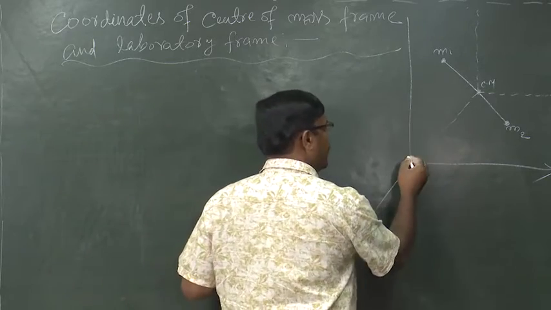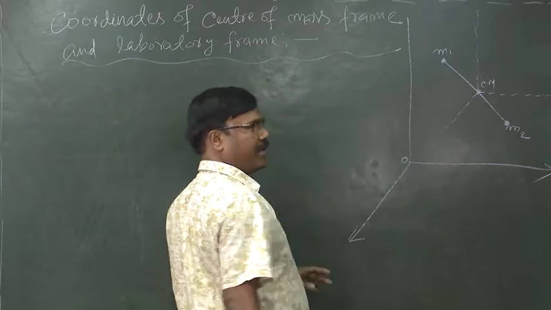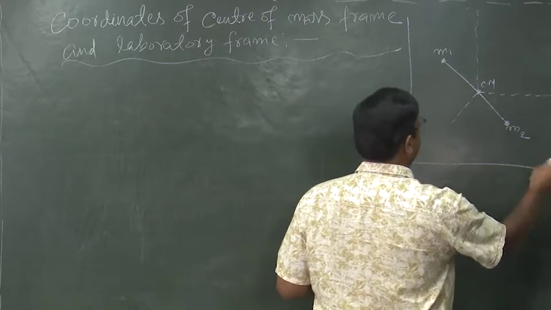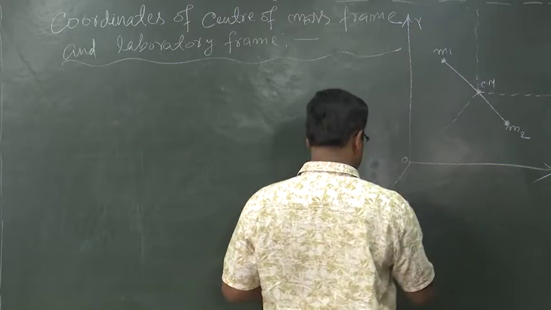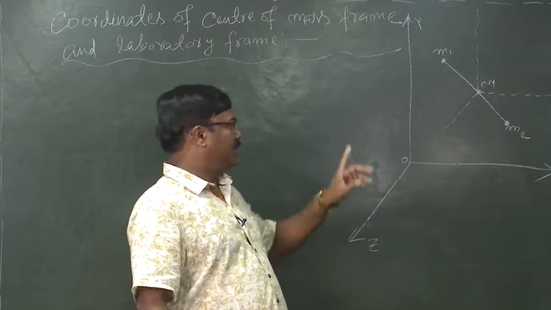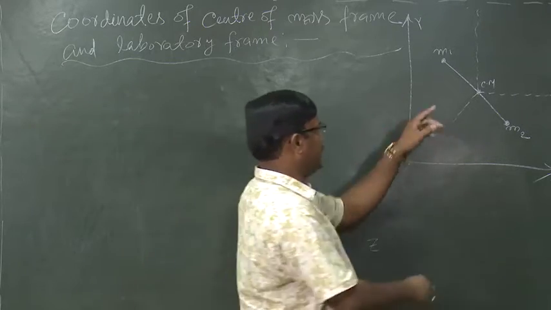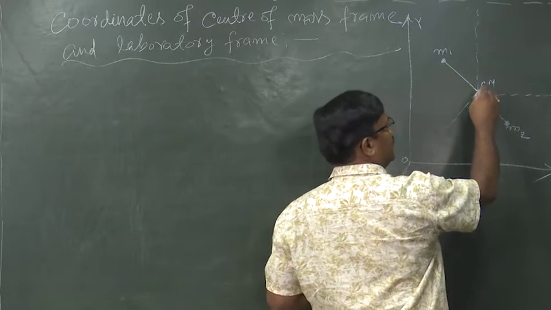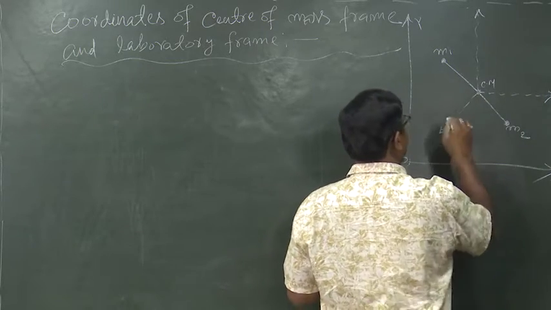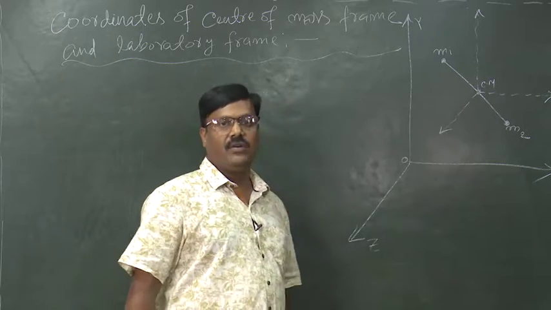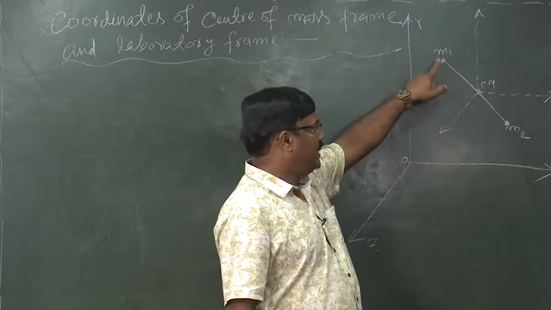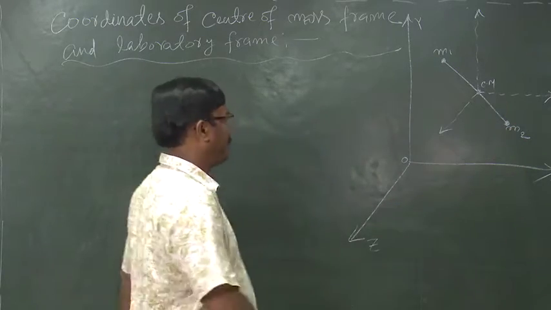Let the origin of this laboratory frame of reference be at O, whose coordinates are x, y and z, whereas the origin of the center of mass frame is here at the point Cm, and these are the coordinates of the center of mass frame of a two particle system of masses m1 and m2.